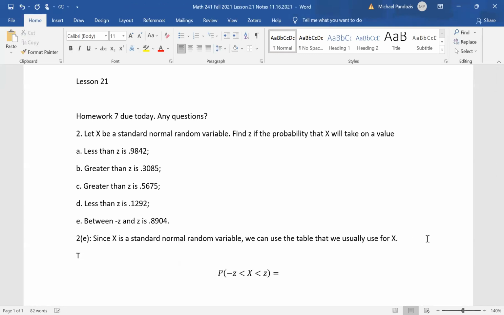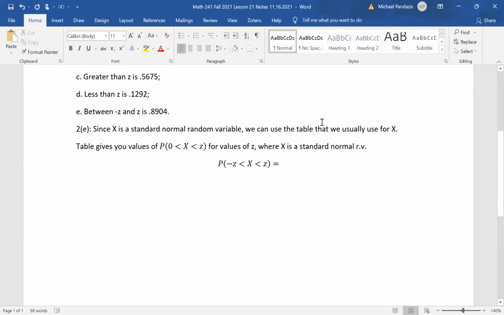The table gives you values of the probability that 0 is less than X less than little z, for values of little z, where capital X is a standard normal random variable.